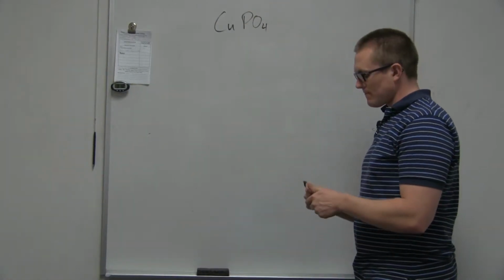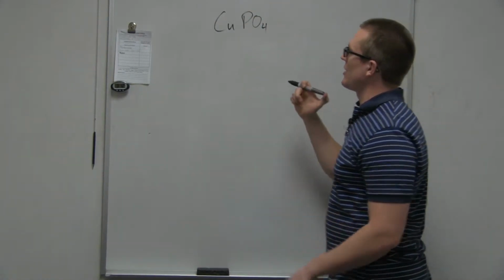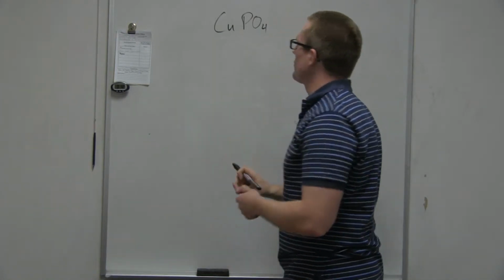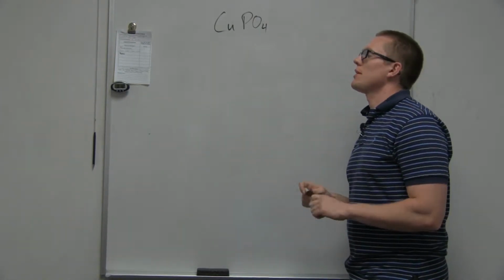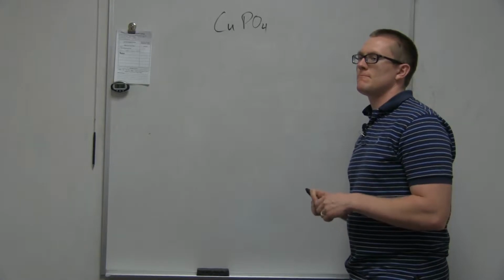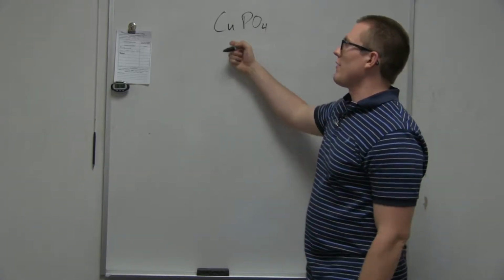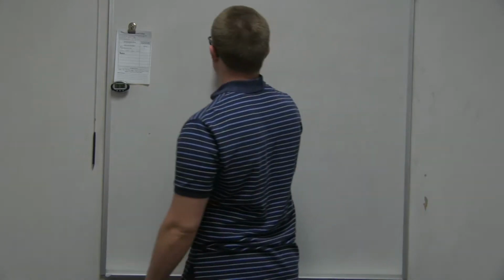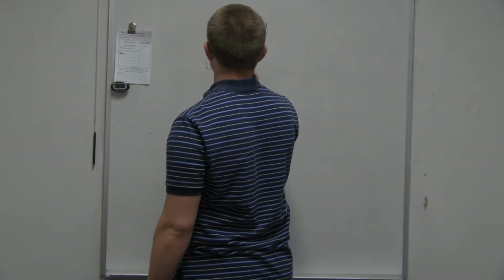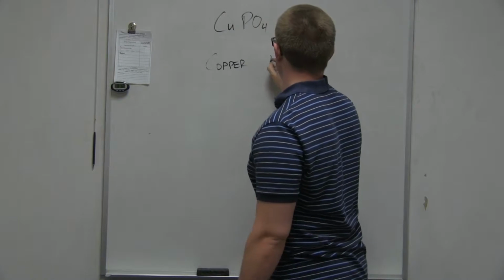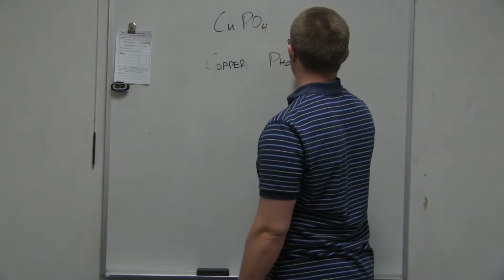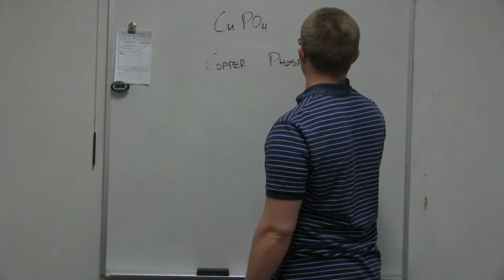Okay, the actual name. So let's just look at this right here. How would we name this compound? The copper phosphate. Right. We would have to have a Roman numeral after copper though, right? So we'll do copper phosphate.